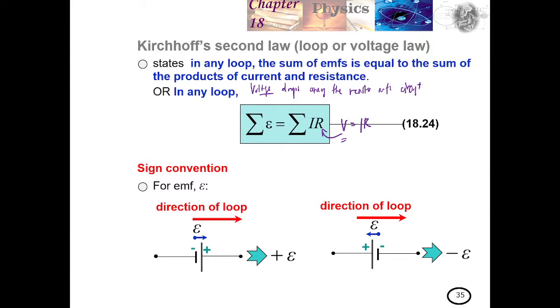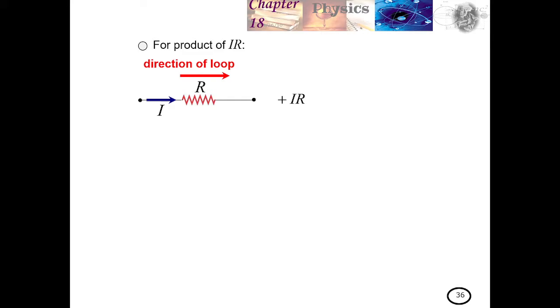It can be negative, it can be positive, depending on the arrangement of the battery. The product of IR, or voltage drops, has a direction that depends on the direction of the loop. So it can be plus IR, it can be negative IR, depending on where the current is moving. We're going to explain this when we have the real example.